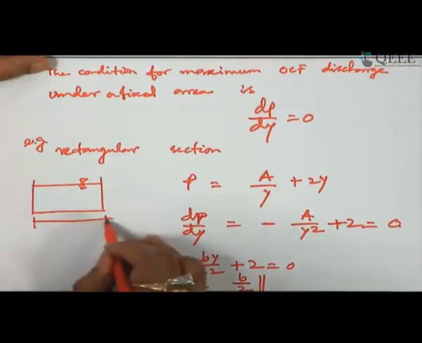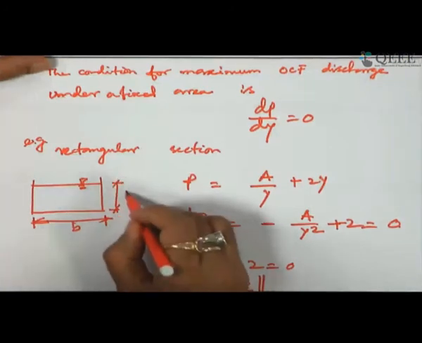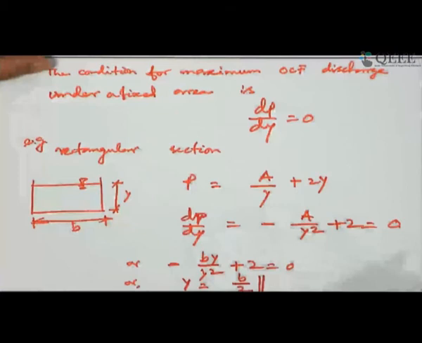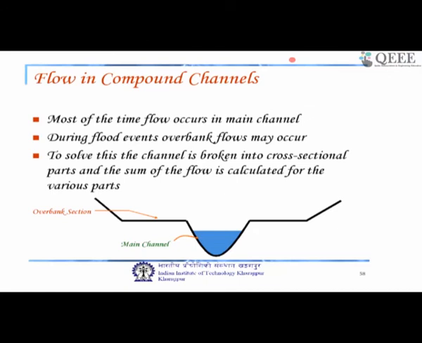If this is the bed width, this is your y. So, in this case y should be b by 2. We can see that depth of flow is just half of the bed width. If you have flow in compound channels, this is the most common situation that occurs in natural channels or man-made channels.